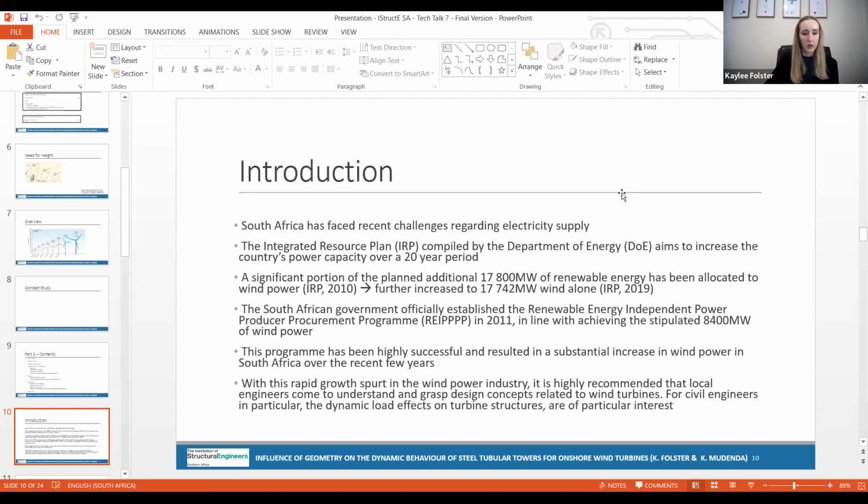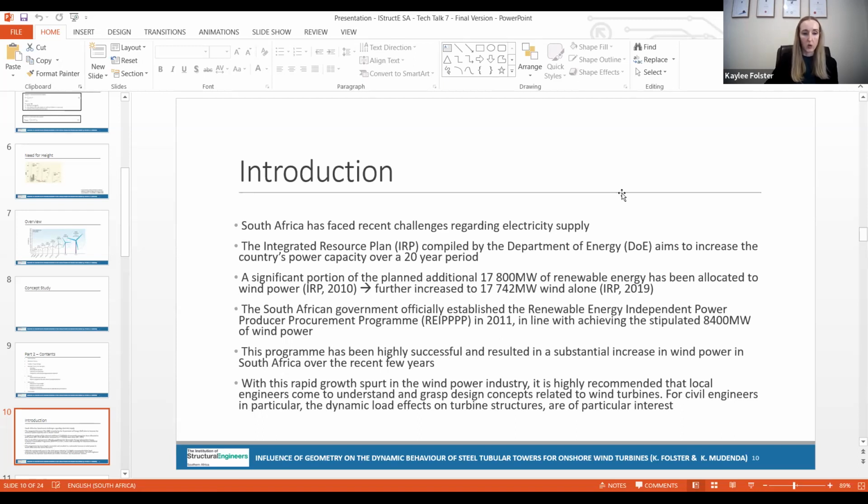In 2011, the government established a renewable energy independent power producer program, essentially to aid the country in moving away from coal power towards renewable energy. This program has been seen to be highly successful, and it has definitely contributed to a significant growth spurt within the wind power industry.